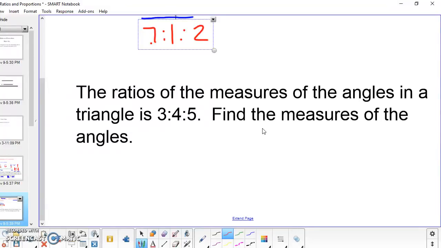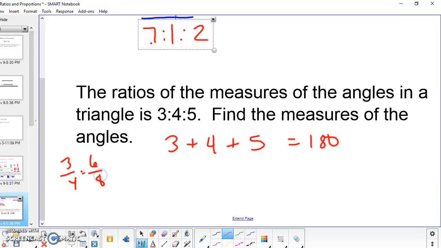So if we have a ratio of angles that is 3 to 4 to 5, does it make sense that you would add 3 plus 4 plus 5 to be 180, the total sum of the angles in a triangle? That doesn't really work. But just like 3/4 is the same as 6/8, because they're equivalent fractions or equivalent ratios, and we were multiplying the top and the bottom by 2, we can do the same thing here.